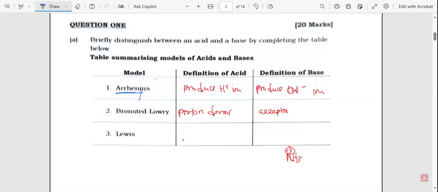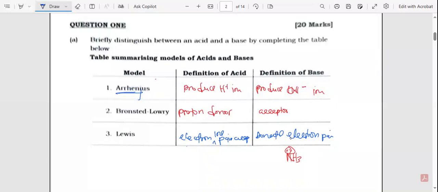Lone pair acceptor. This one is electron lone pair donor, so this one donates an electron pair.